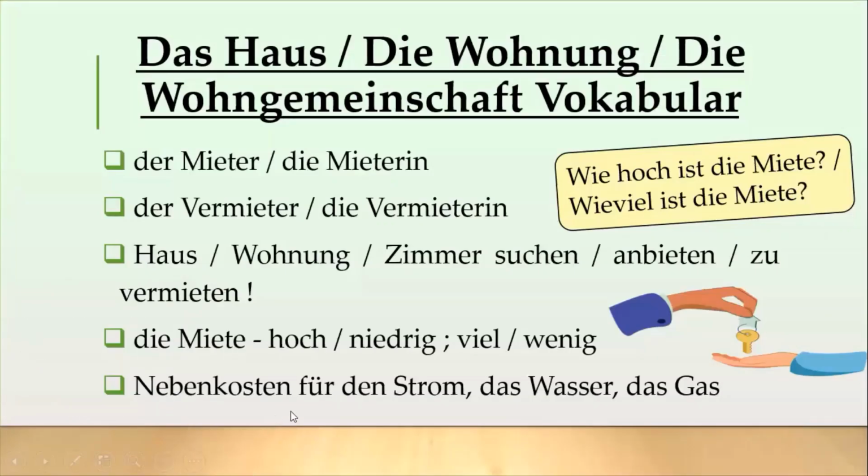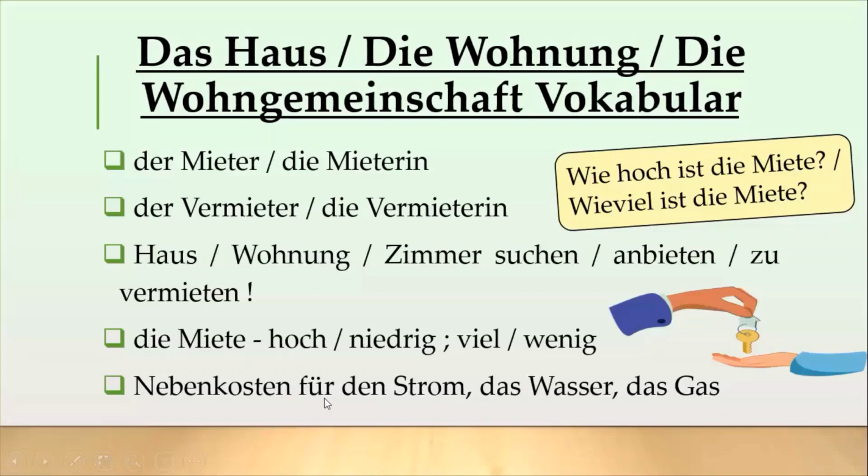Then there are usually some additional costs, maintenance costs, or just the costs that come with the rent. Those additional costs are Nebenkosten, and they can be for the electricity, the water, or the gas. So these can be part of the rent, or they can be just additional costs.